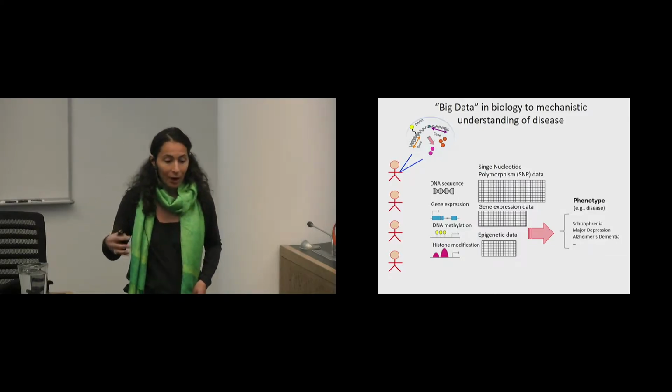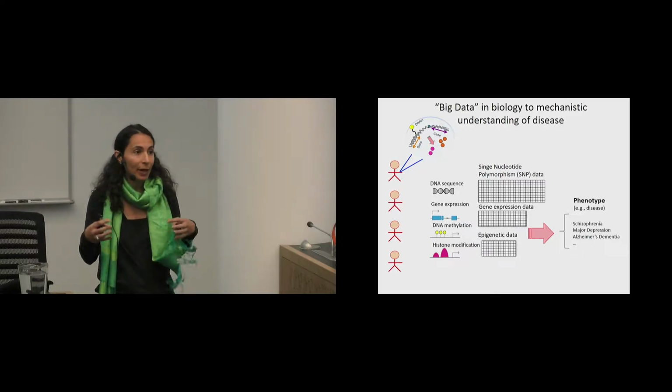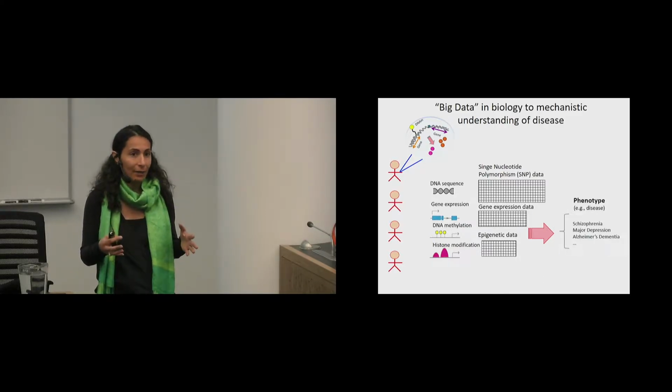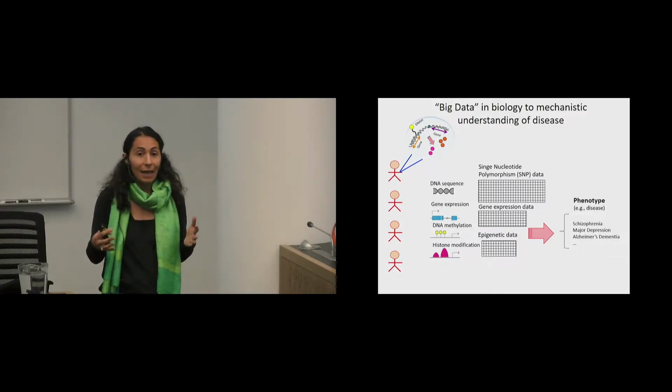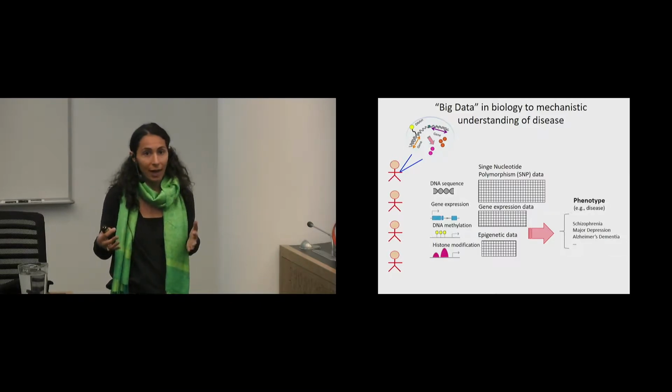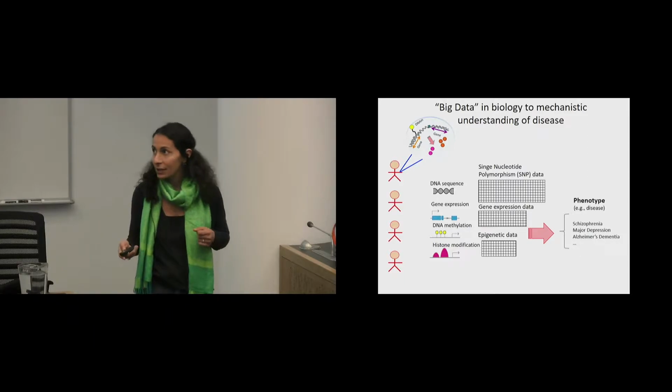And broadly speaking, the hypothesis that motivates most of my work is that by combining these static measurements with dynamic measurements, if taken from the right time, we can try to understand how a dynamic system responds to its environment as a function of its genome, as a function of its exposures.